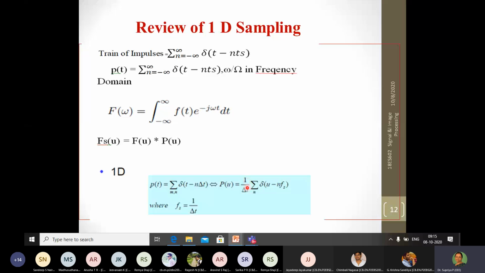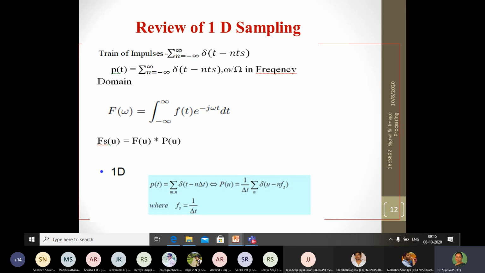So we have 1 by delta t, which is equivalent to omega naught, summation delta u minus n s. Here the frequency is considered, that's why we don't have 2 pi into delta t. Here, instead of omega naught, we have considered only delta t. As mentioned here, fs is equal to 1 by delta t.